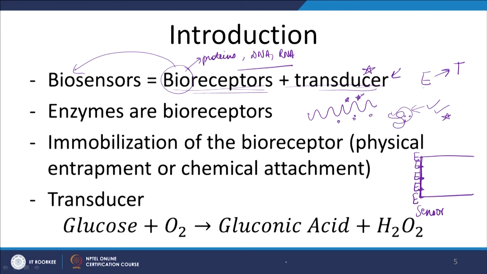Now next is the transducer. Basically, once the enzyme, and this is your analyte, the target T, interact, they undergo a change. So what was E and T separate will now look like this. This is still E, these are still E, but this particular E has interacted with T, so it becomes something else.